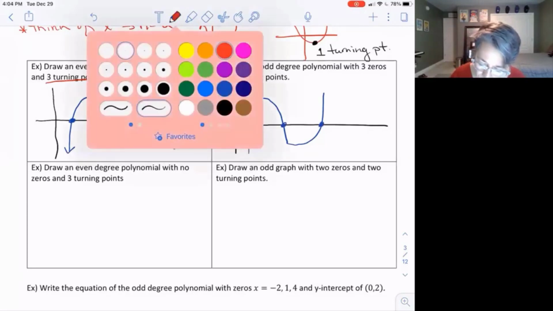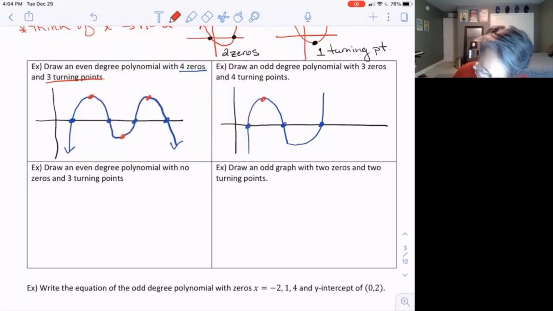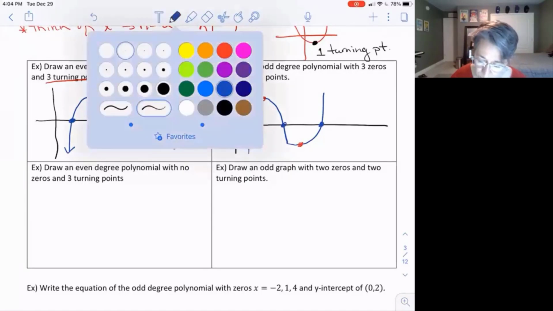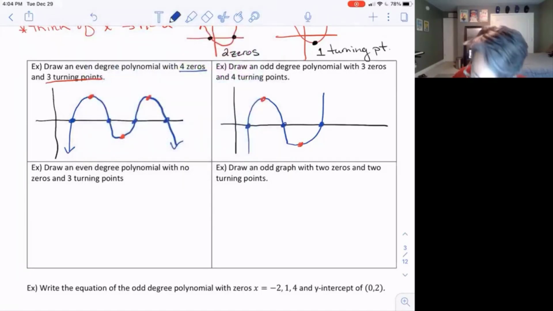But right now, it only has 2 turning points. So we need 4 turning points without it crossing the x-axis again. We can do that. 1, 2. So now it has 2 more turning points without adding any zeros. But it's still an odd because it's going in 2 different directions with the end behavior.